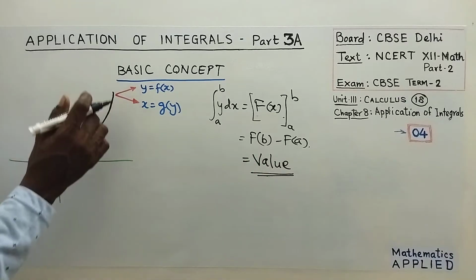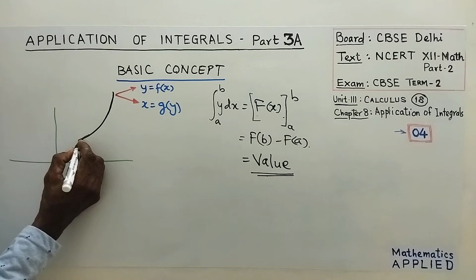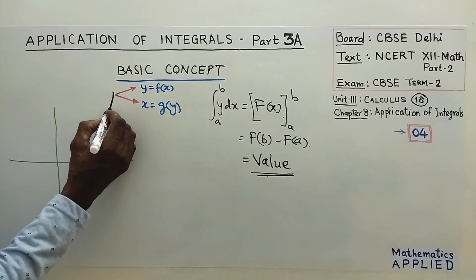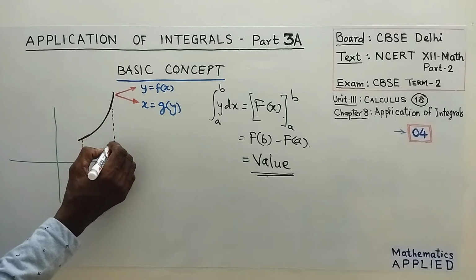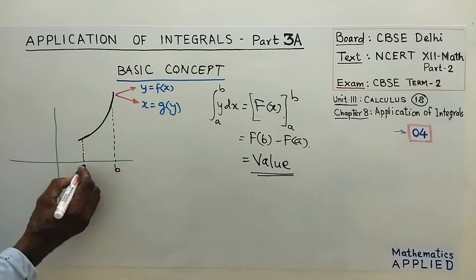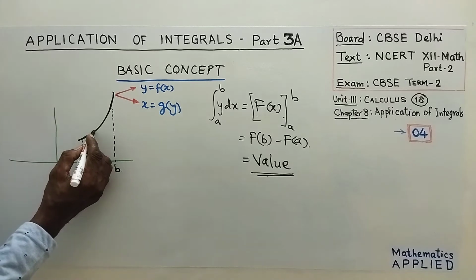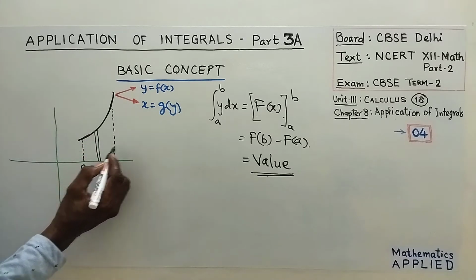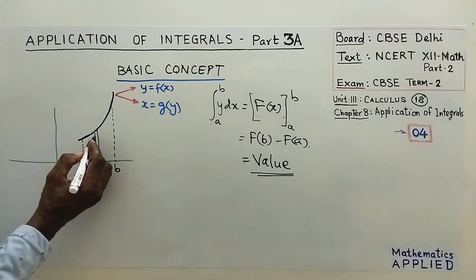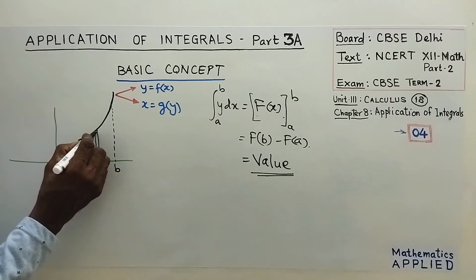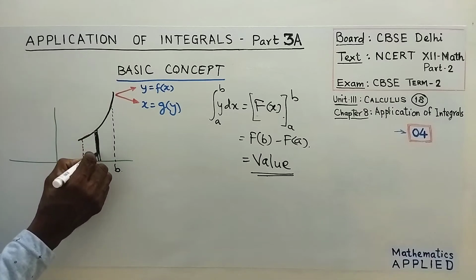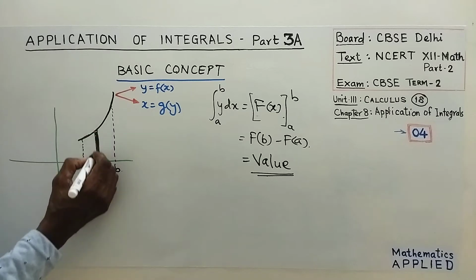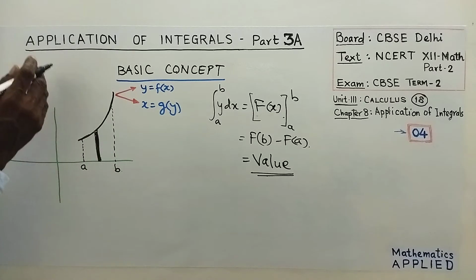Okay, now when you integrate, what you do is exactly, let's say at this point, this is a, and let us say this is the b point. Now you integrate this, that means you have a small strip you take. I have written y dx. So this strip is going to be of length y, because it's in the y direction.